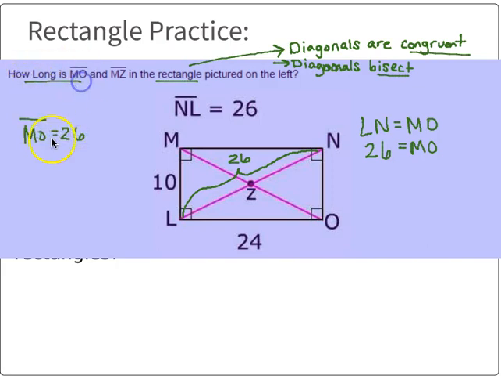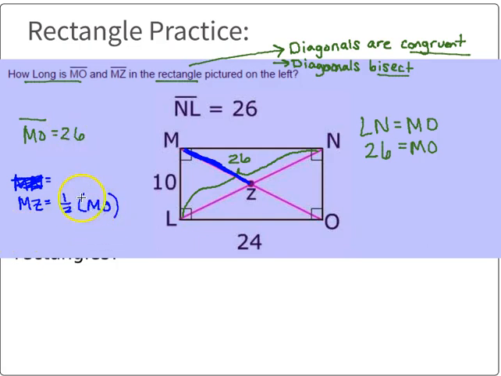So we answered one part of our question. The second part asks us to find the length of MZ. So the length from here to here, MZ. If the entire length is 26, well, we know then that MZ has to be, MZ, I meant to say, not MN, half the length of the entire diagonal, MO.